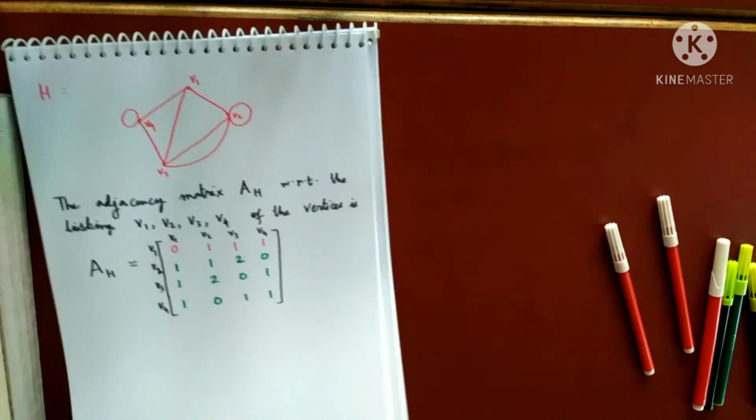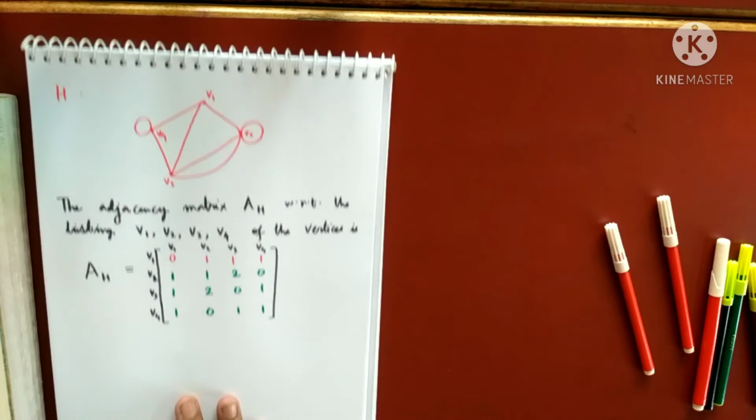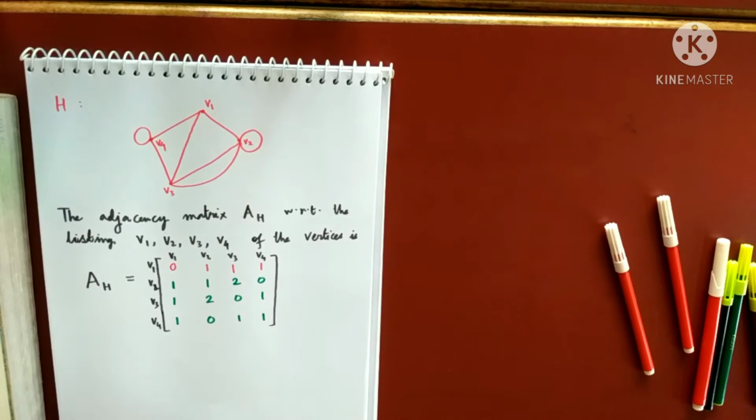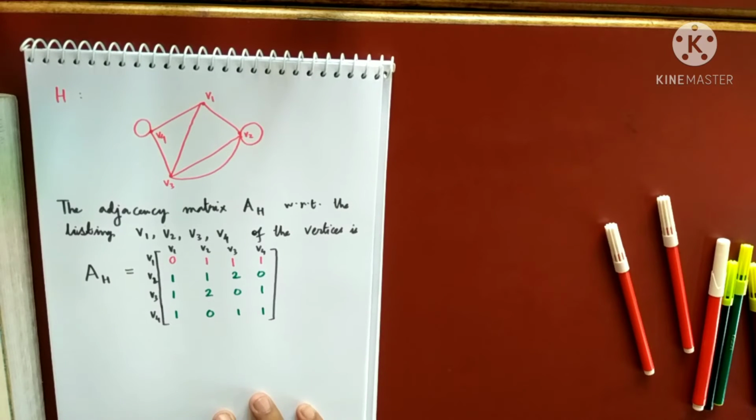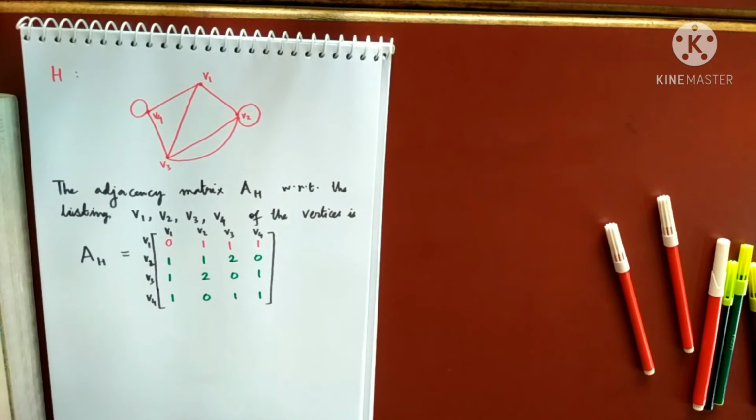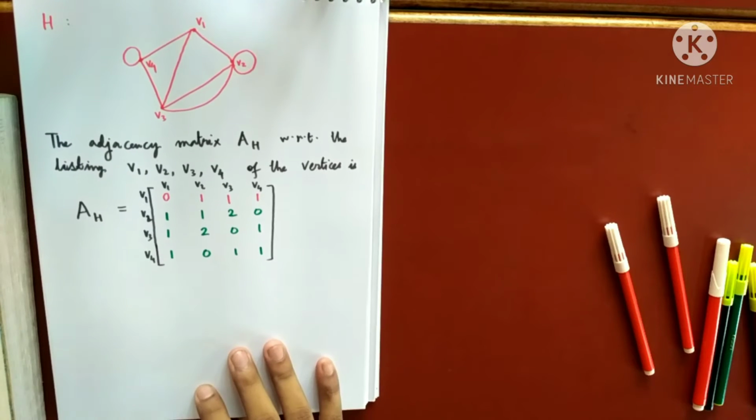So is it always true that the adjacency matrix of any multigraph or simple graph is always a symmetric matrix?